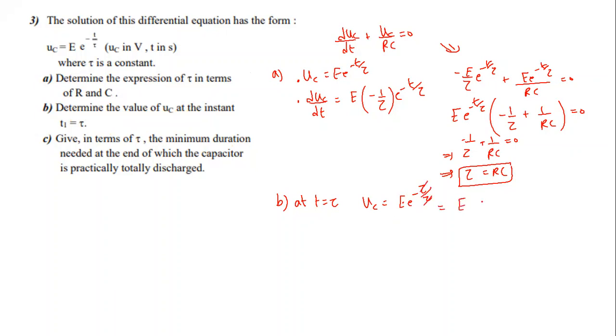So this means it is equal to E e to the power minus 1, and the answer is equal to 0.37 E. Now we continue, and it's equal to 0.37 times 5, which gives 1.85 volts. Part C, give in terms of tau the minimum duration needed at the end of which the capacitor is practically totally discharged. This is at T equal to 5 tau.